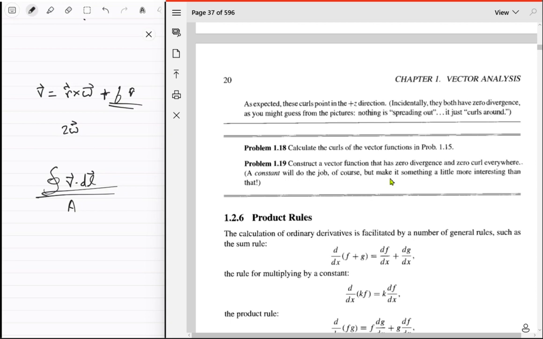Our 1 upon r square r hat thing, that works. It definitely works. And of course a constant will also do the job. So a constant could work, or 1 upon r square r hat, that could work. Some other thing, maybe, I don't know.